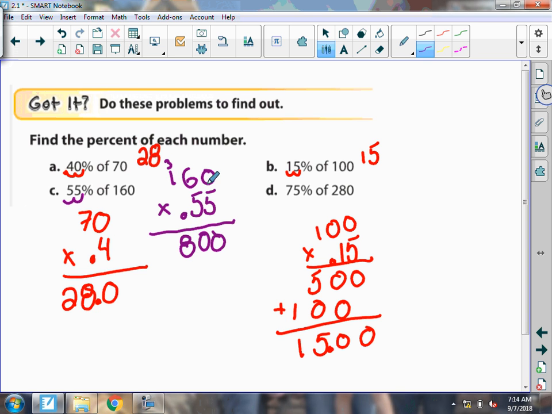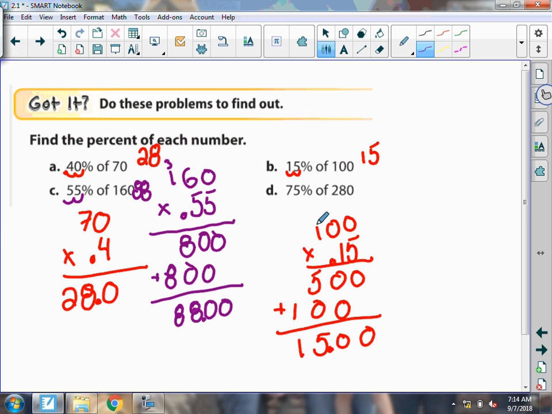And we do the same thing again. 5 times 0 is 0. 5 times 6 is 30. 5 times 1 is 5, plus 3 is 8. So when you add these together, how many decimal places do we have? There's 1, 2. So my answer is 88.